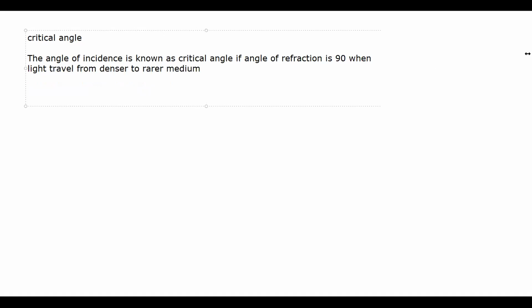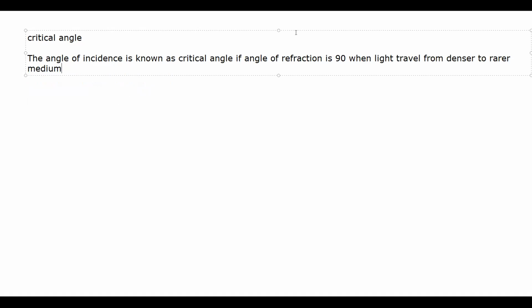So when the light travels from a denser medium to a rarer medium, the angle of incidence is known as a critical angle.